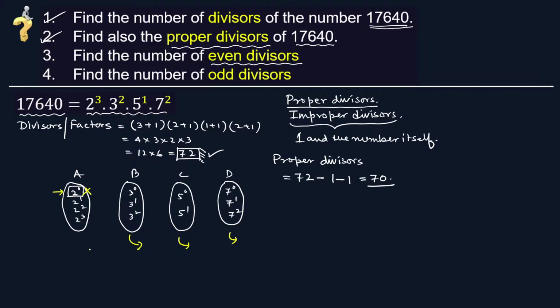So the total number of divisors that can be formed is that you can choose any one element from these 3 elements from set A, excluding 2 to the power 0.